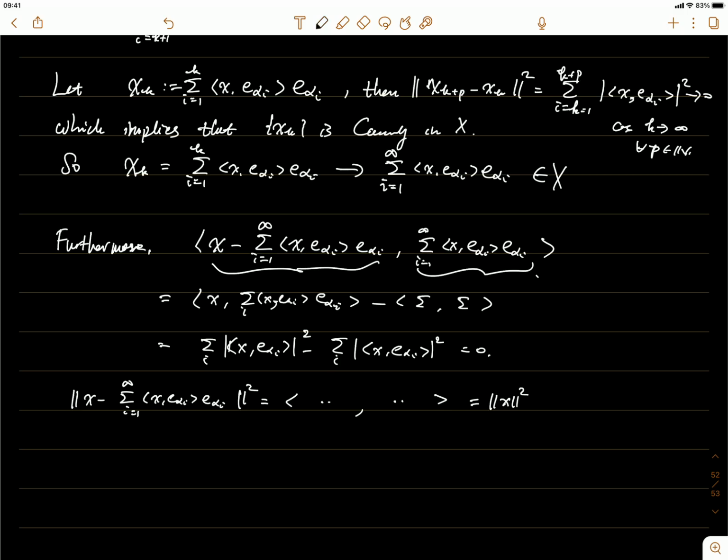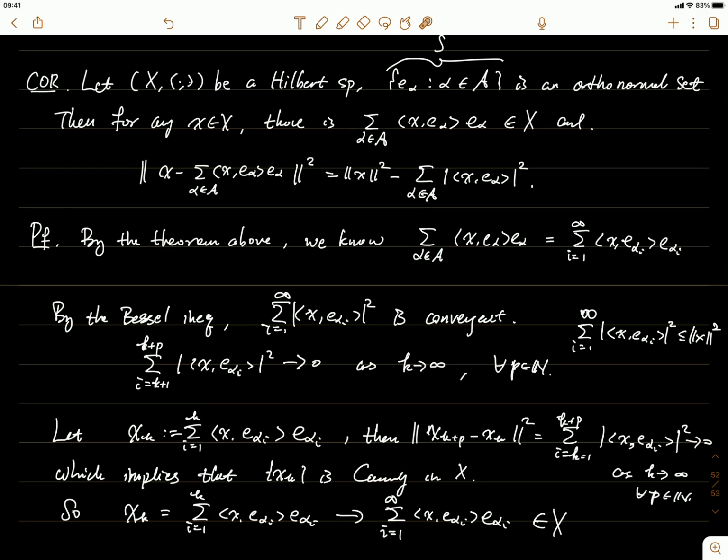Okay, and so essentially we just have this minus the sum from 1 to infinity of x, e alpha i squared.